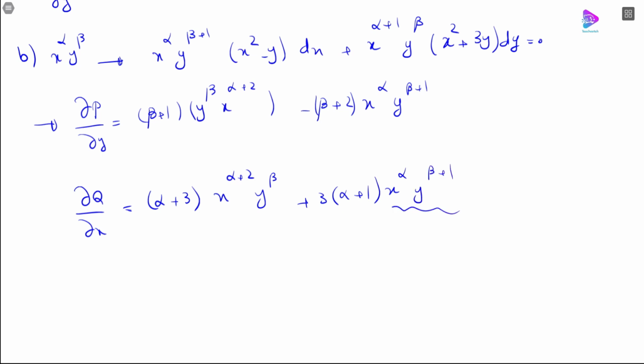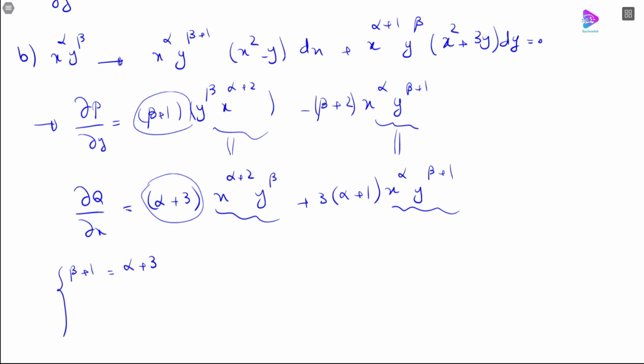So if you pay attention, this and this are equal, and also this and this are the same, meaning beta plus 1 and alpha plus 3 should be the same, and also minus beta plus 2 and 3 alpha plus 1 should be the same.